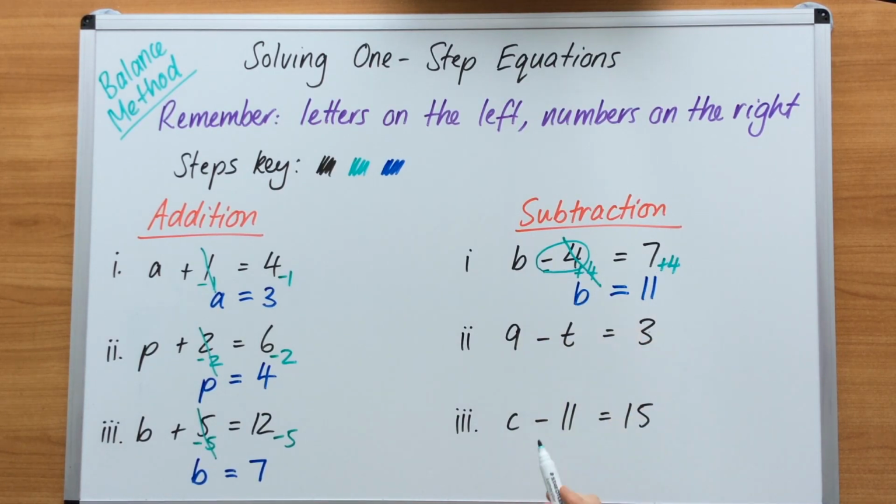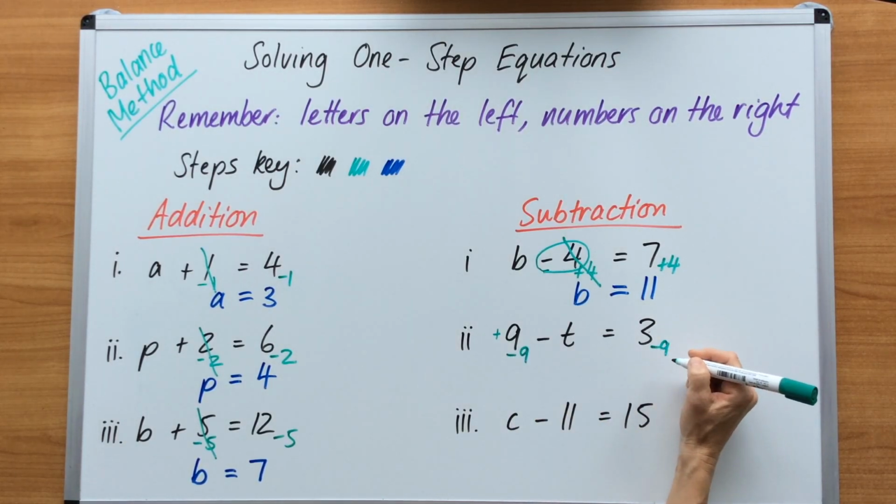Okay, let's try the next one here. So we've got 9 minus t equals 3. We've just got this switched around the other way now. It doesn't really matter. We've just got to pretend that we can't see it, but that's actually a positive 9. I want letters on the left, numbers on the right, so the t is going to stay here, but the 9 has to go. So the opposite of positive 9 is negative 9. And what I do to one side, I must do to the other. Okay?